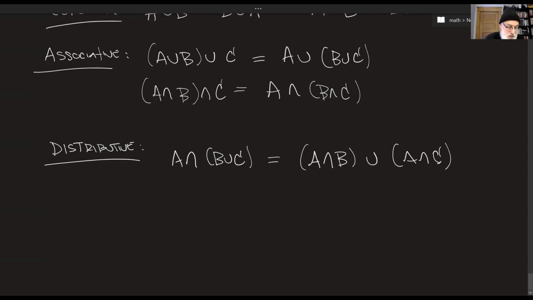Shouldn't be that surprising that this will happen with the operations reversed. So A union with B intersect C will be the same as A union B intersect A union C.